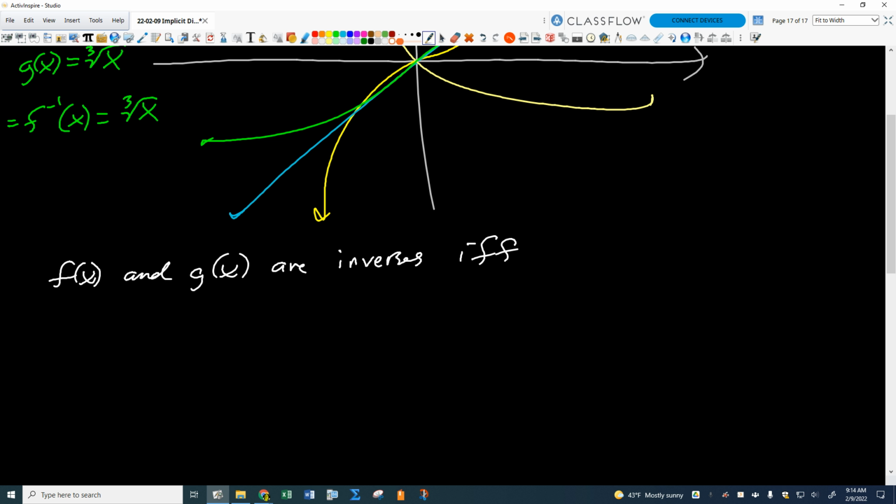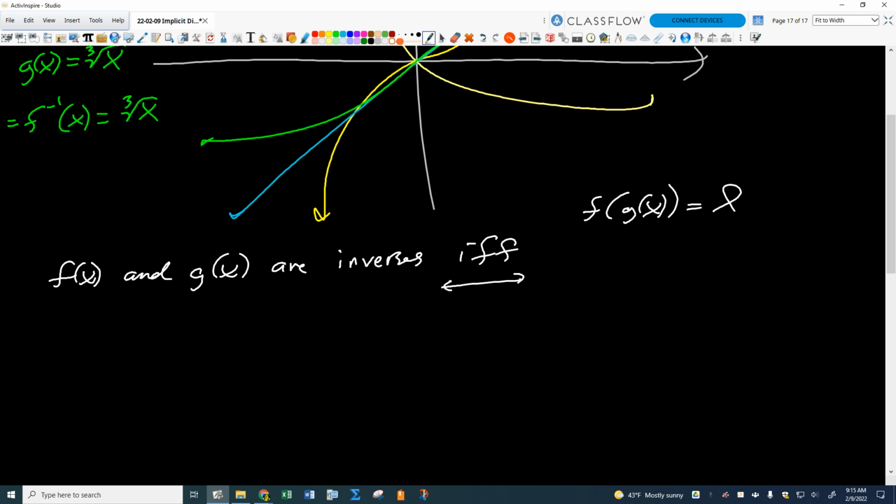That means if, it's not if, it's if and only if. That's our symbol for if and only if, right? What does if and only if mean? If and only if means it's a 2-way arrow. It's a biconditional statement, right? So you could read it either direction and it would have to be true. So f and g are inverses if and only if 2 things are true. f of g of x equals x.